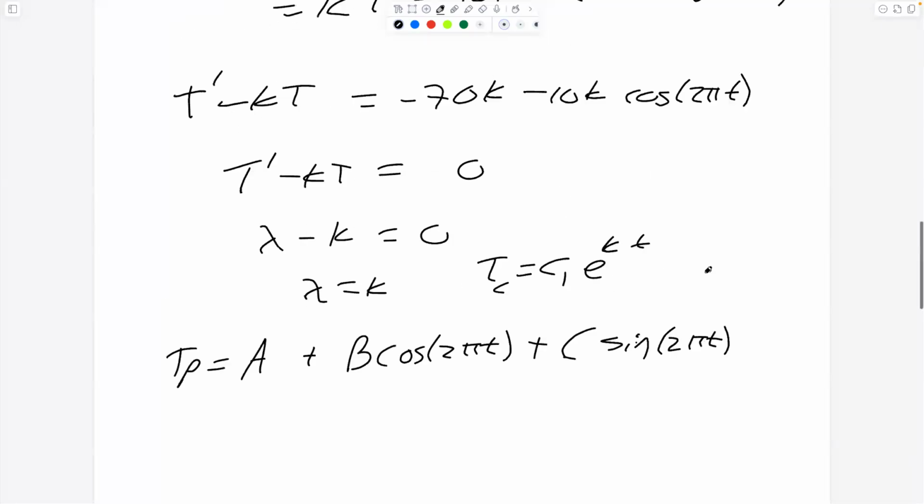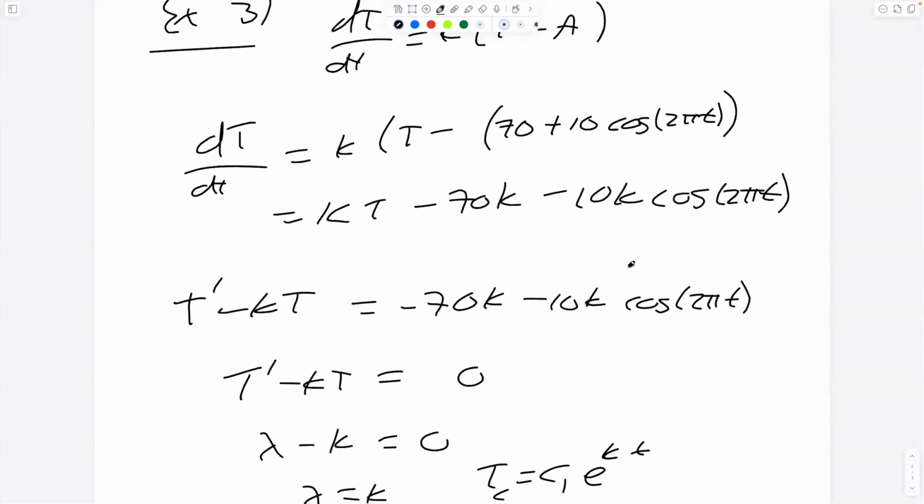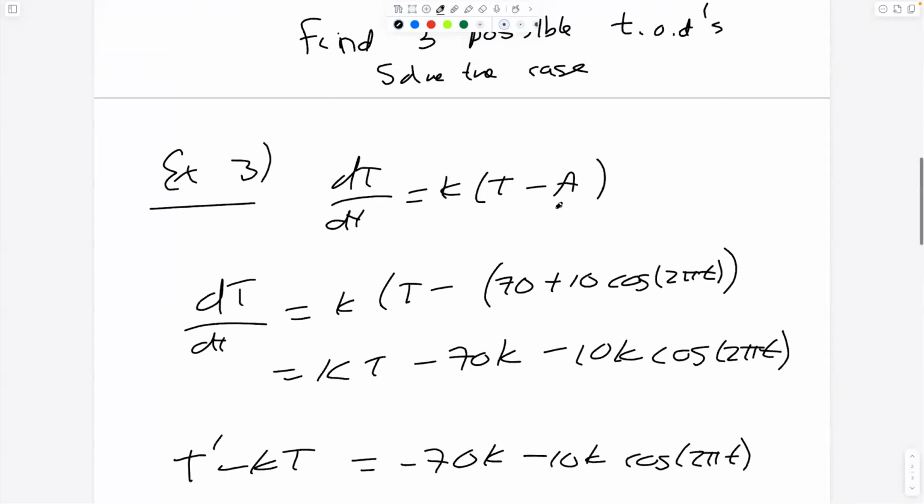Now, sometimes I should point this out here. In this third scenario, because the temperature is going up and down, some weird stuff can happen because all the temperatures are less than 82.